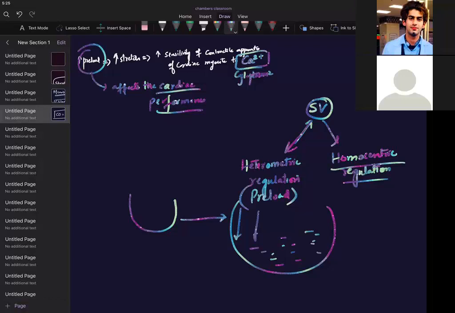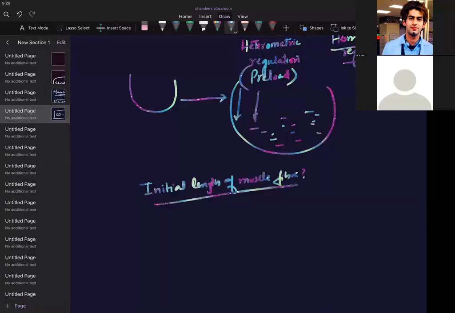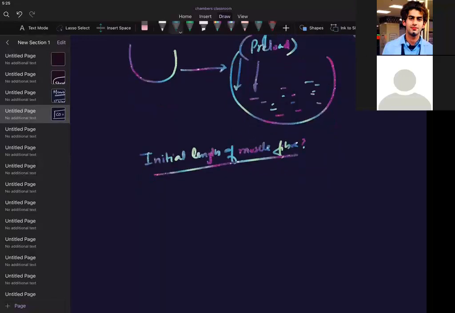So there is a concept: what is the initial length? What do we mean by the initial length of muscle fiber? See, initial length of the muscle fiber means the length which is just before the systole.